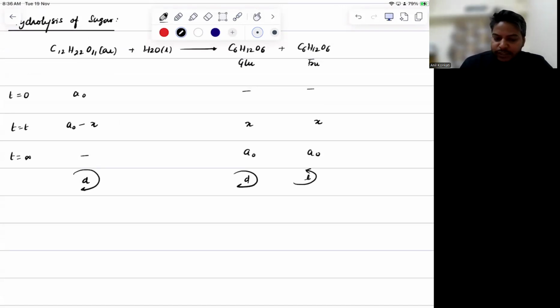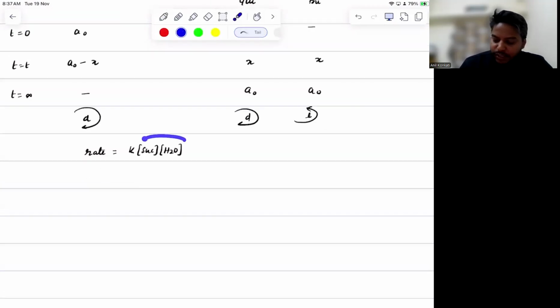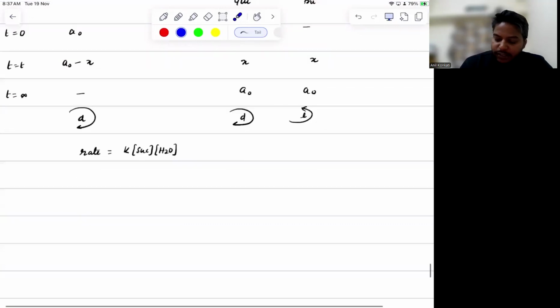So here, if you notice the rate of the reaction, rate will be equal to K into sucrose concentration into H2O concentration. Clear? So order seems to be 2 here, but water, wherever it is used as a solvent, especially for hydrolysis, will have high concentration.